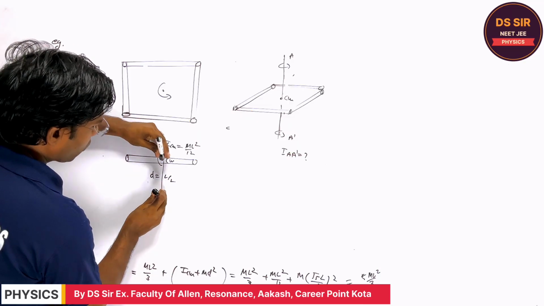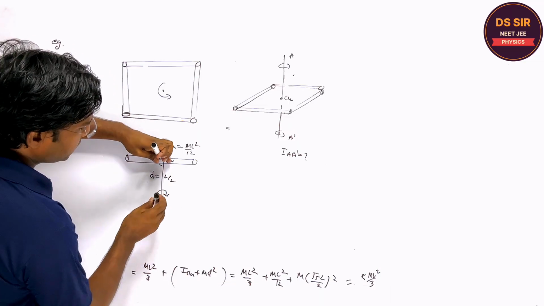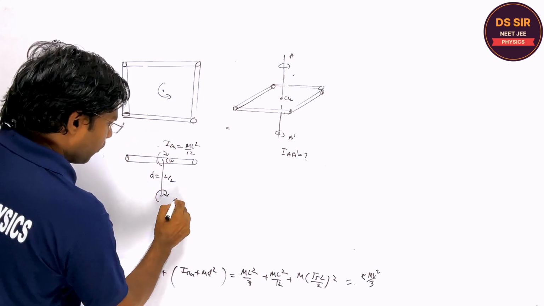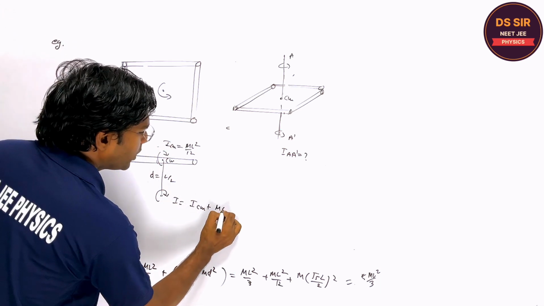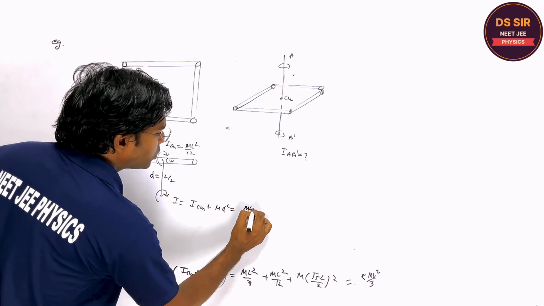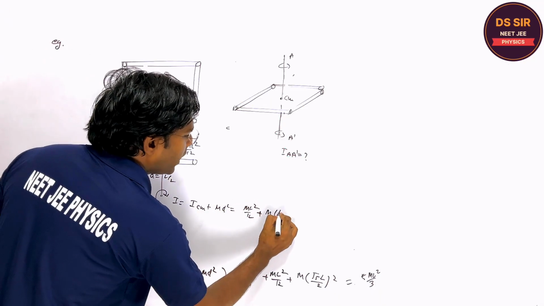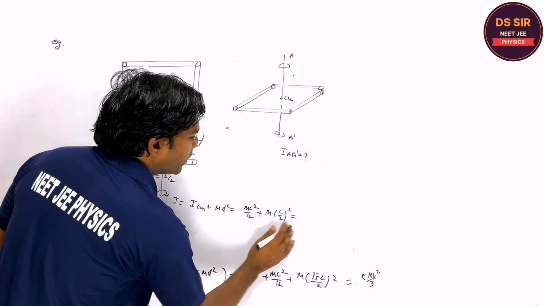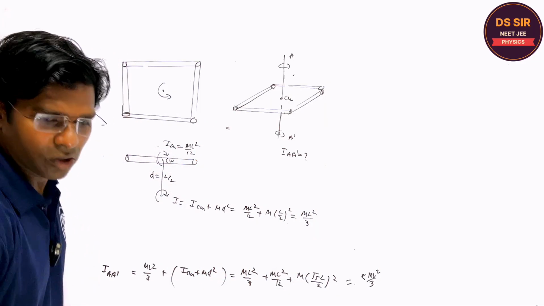For the single rod about this axis, you write the parallel axis theorem, I_CM plus MD square. So ML square by 12 plus M into (L by 2) whole square. Then you simplify, you will get ML square by 3. Is it clear or not?